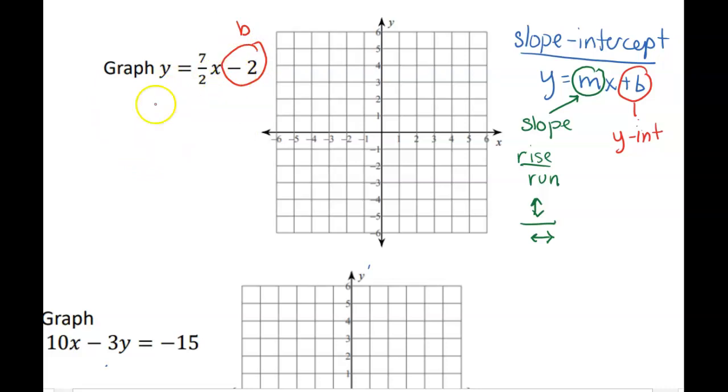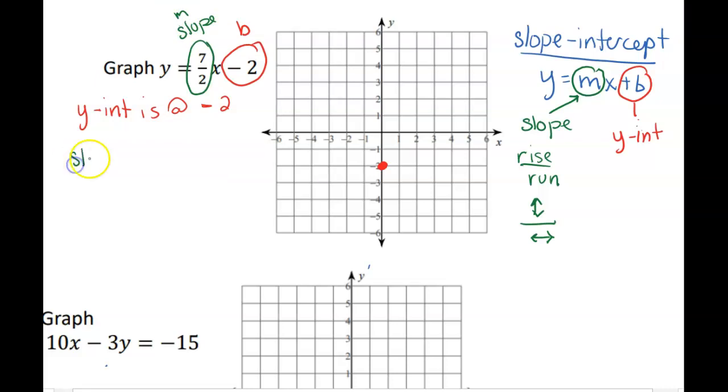Okay, so that means our y-intercept is at -2. Okay, that means it crosses this y-axis at -2. That's what that means.